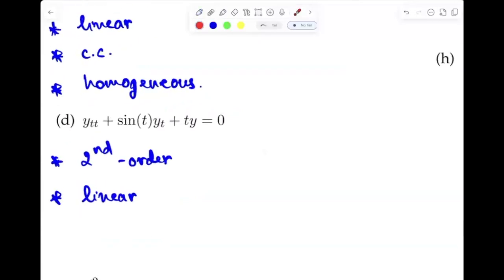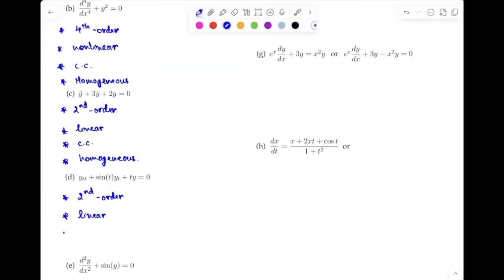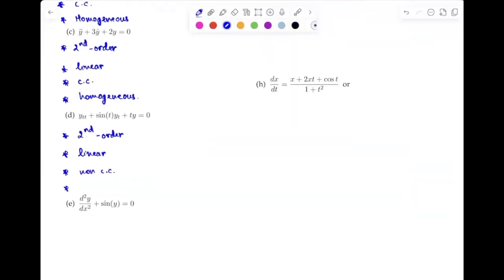Because, yes, this is multiplied with 1, that's constant, but y sub t is multiplied with a non-constant. Therefore, this is non-constant coefficients. And the dependent variable and its derivatives are set to one side of the equation. On the other side, you have 0. So this is a homogeneous differential equation.